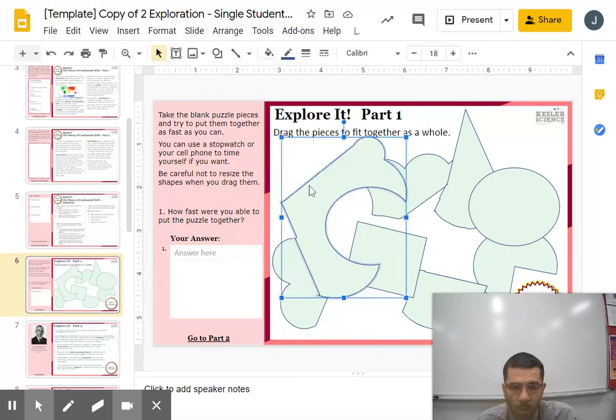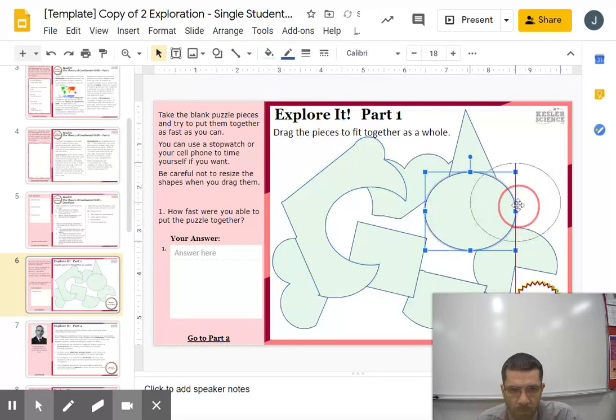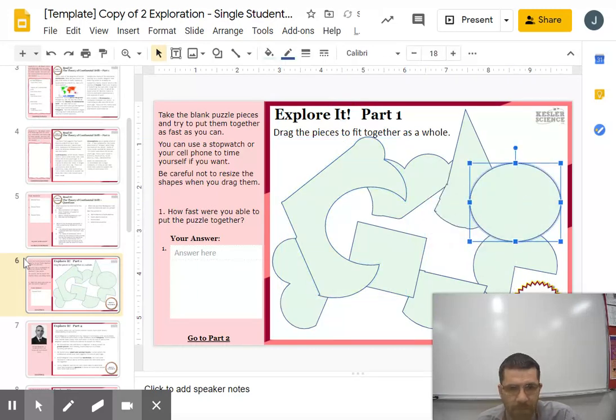So once you put it together, leave it in that position so I can take a look at it. But again, just moving these around. Again, you can move it. If I want to move it, I can move it this way by grabbing that little round dot at top. And then obviously you can move them around. All right. So that's the first goal.